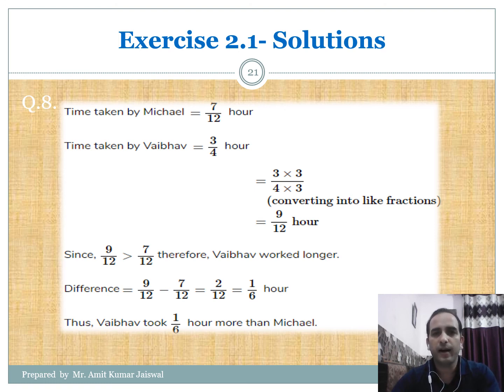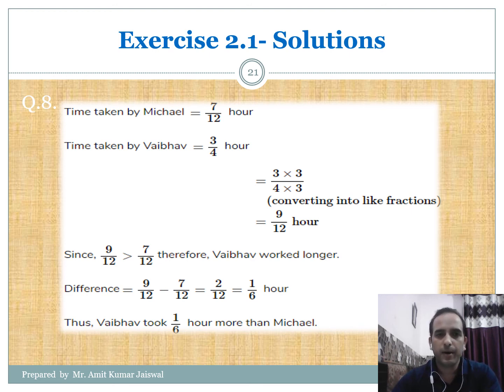So here we have 3 upon 4, so it got converted into 9 upon 12 by multiplying with 3. So we can easily compare the fractions when the denominators are the same. So 4 is to be multiplied with 3 and 3 is also to be multiplied with 3, so it becomes 9 upon 12. So this is what we now have, the equivalent of 3 upon 4 as 9 upon 12.